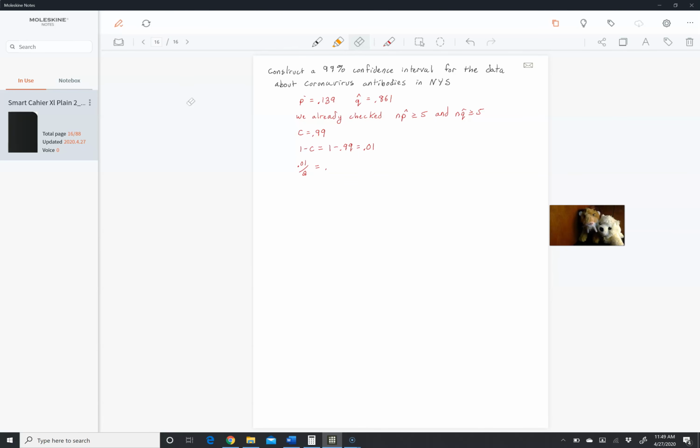So this gives us 0.005. So this is the area to the left of the interval. This is the number that we look for in the chart.